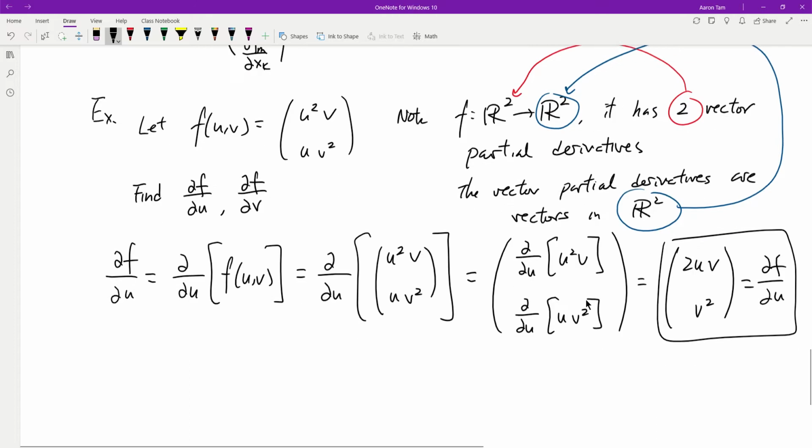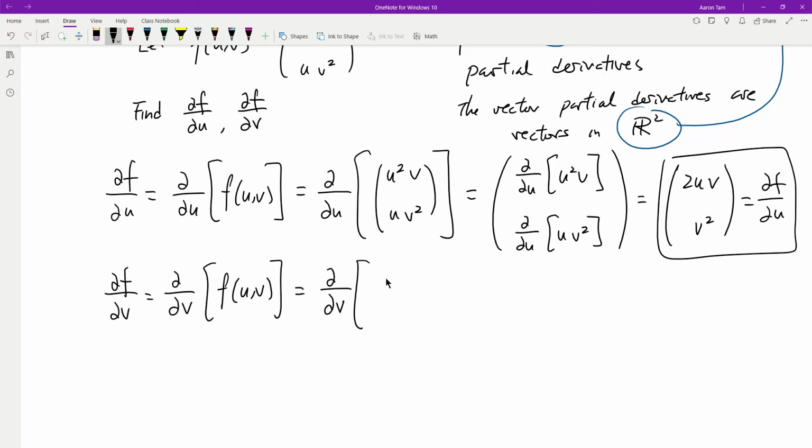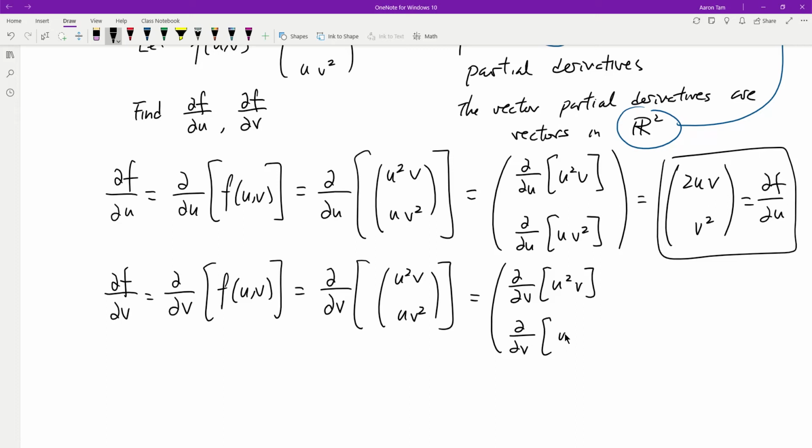Now I'm going to do that again for df over dv. Same logic: df over dv means I'm partially differentiating the function f of u, v with respect to v. And therefore, I have to differentiate the vector u squared v, u v squared. When I differentiate this vector, I just differentiate each coordinate individually.